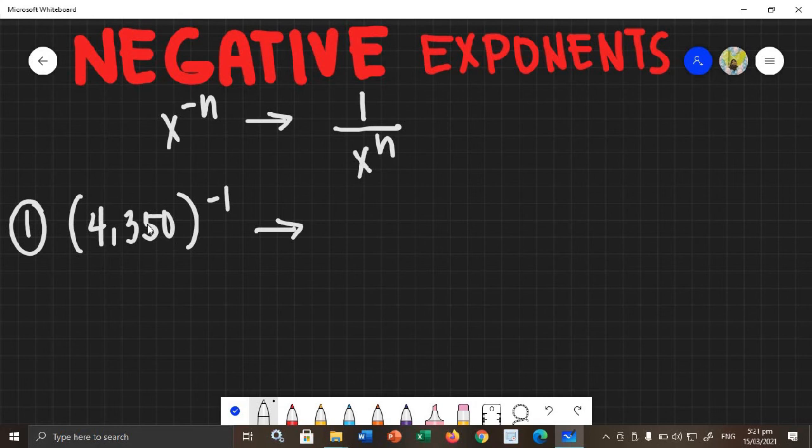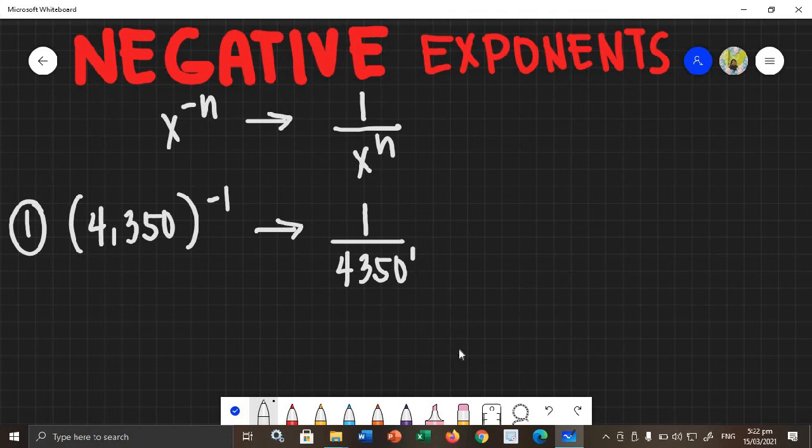So, this is a whole number. So, basically, ang denominator niyan ay 1. So, pagbaliktarin lang natin yung position ni 4,350 at saka ni 1. So, si 1 mapupunta siya sa numerator, si 4,350 mapupunta sa denominator. And as you can see, hindi ko na sinulat yung 1 na exponent niya kasi right after nyo i-reciprocal, magiging positive na yung exponent niya.